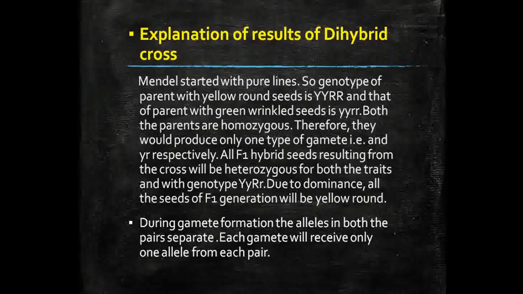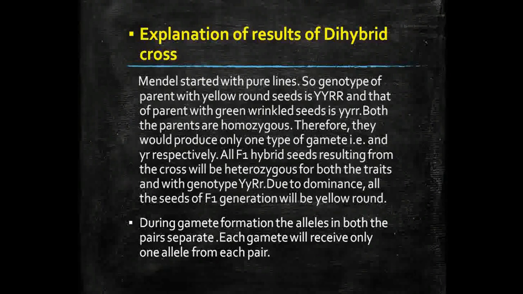Both the parents are homozygous, therefore they would produce only one type of gamete, that is capital Y capital R and small y small r respectively. All F1 hybrid seeds resulting from the cross will be heterozygous for both the traits, with genotype capital Y, small y, capital R, small r. Due to dominance, all seeds of the F1 generation will be yellow and round.